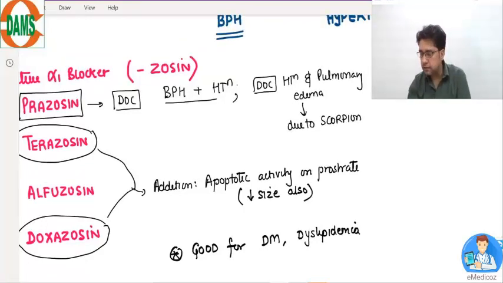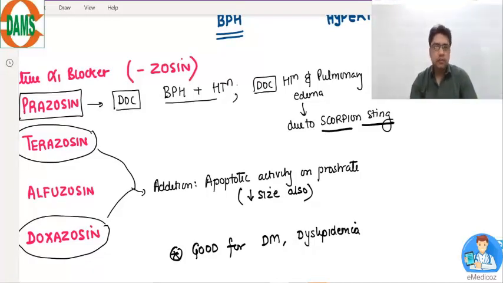You know what is scorpion sting? In scorpion sting, what happens? There is increase in sympathetic activity. So prazosin is also the drug of choice for hypertension and pulmonary edema because of scorpion sting. DM stands for diabetes mellitus.